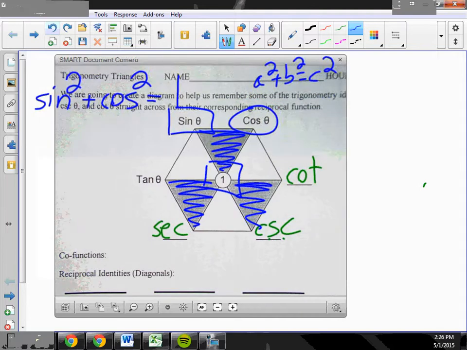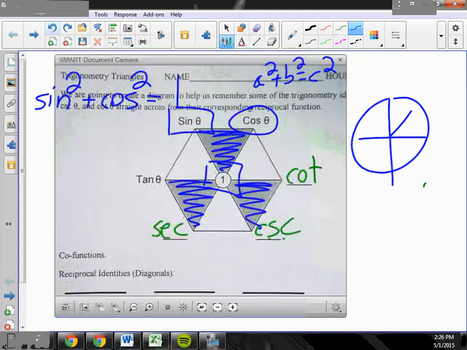Kind of. If we look at the unit circle, and we draw a triangle in the unit circle, the length of the ground is known as cosine. So this is cosine, and this is the sine, and the hypotenuse is 1. So a squared plus b squared does equal c squared.